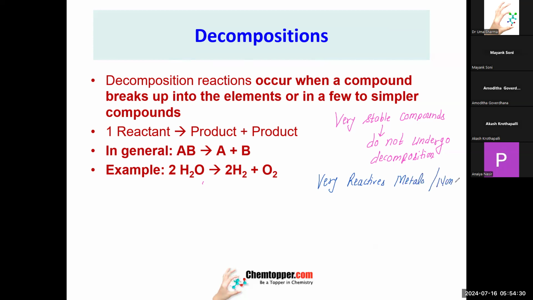If you're taking a reactive metal or reactive non-metal, they make stable compounds. So it's difficult to decompose them just by heating. You'll find that their decomposition is very rare.